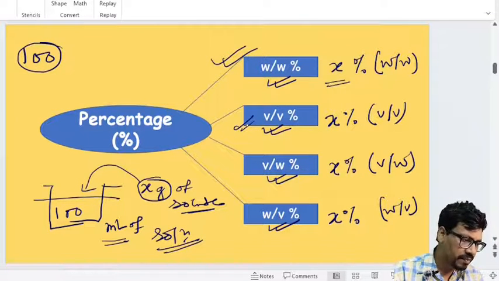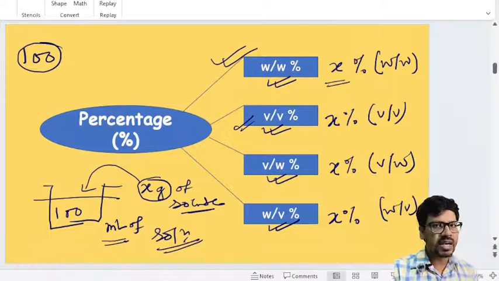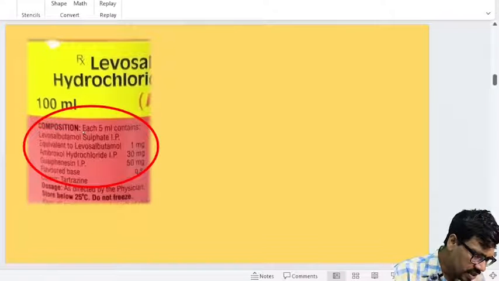Percentage means 100. In this medicine, each 5 ml contains the levosalbutamol molecule, that is 1 mg.